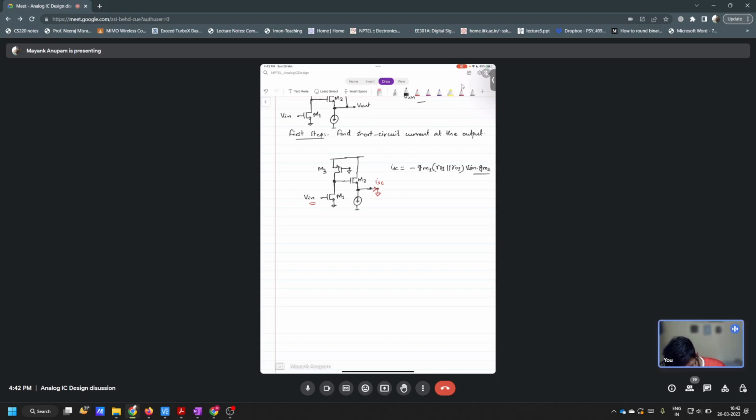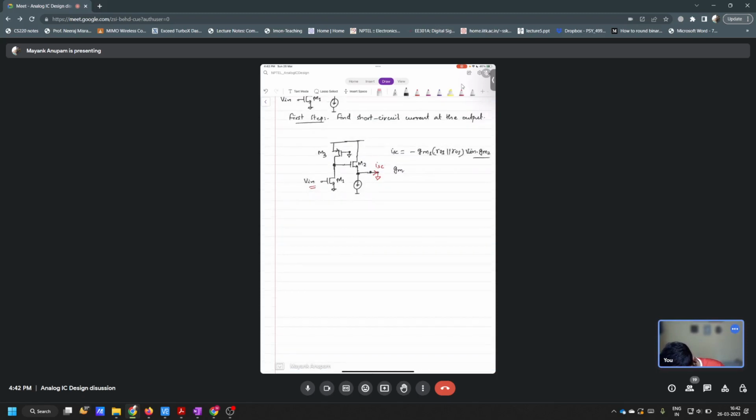Correct. So what is GM equivalent? It's ISC divided by V in, correct? This is equal to minus GM1 GM2 into RO1 parallel RO3. Yes.